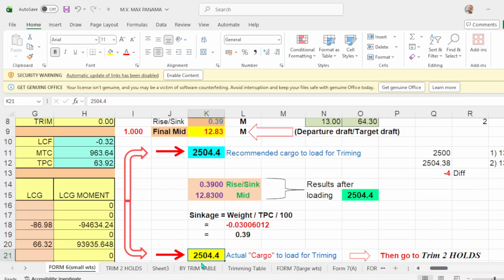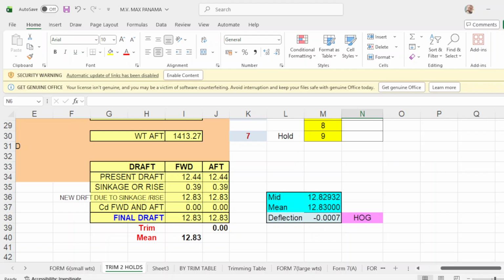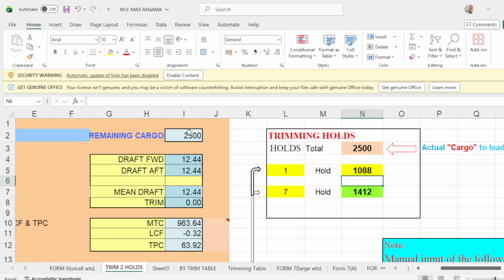So here, let's say 2,500. After you load 2,500, then go to trim 2 holes. Take note of the remaining cargo to load is 2,500. This is your initial drop.